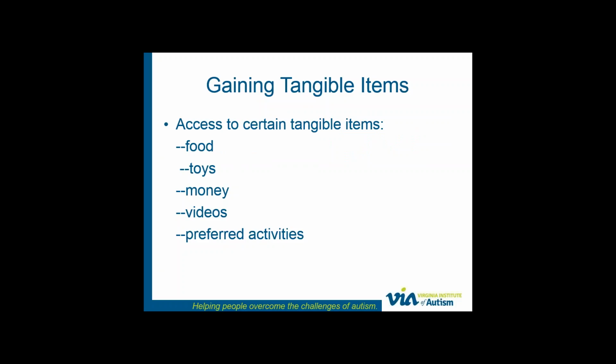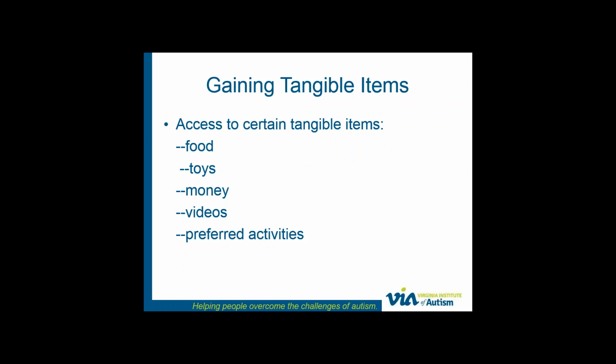Okay. So one of the really clear ones and the standard one is the tangible function. Basically, you engage in behavior to get access to tangible items, which are just things that you can touch and feel. These could be food, toys, like I said, money, preferred activities, all sorts of things.